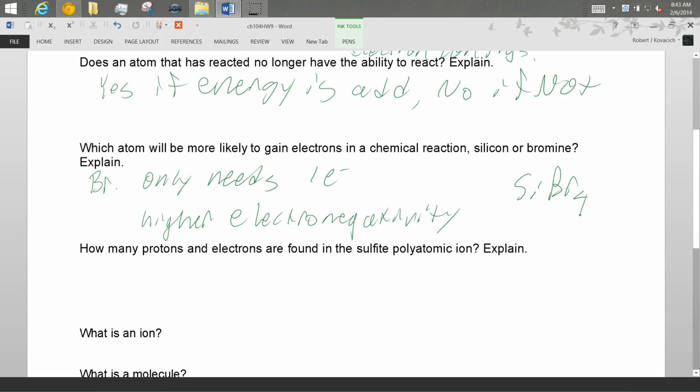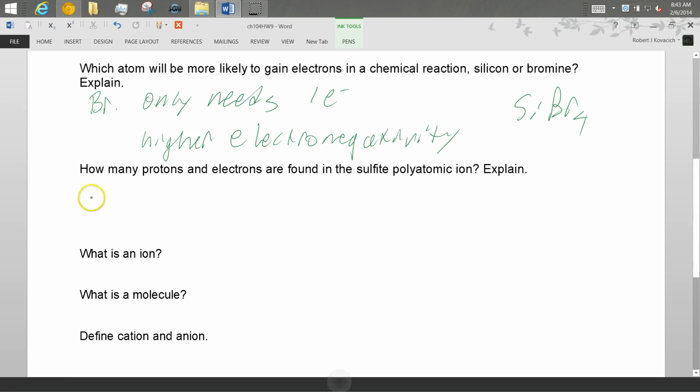How many protons and electrons are found in the sulfite polyatomic ion? All right. So the sulfite polyatomic ion, what's the formula for that? SO3 2-. Okay. So sulfur, how many protons do we have? 16 protons for the sulfur, and then for the oxygens?